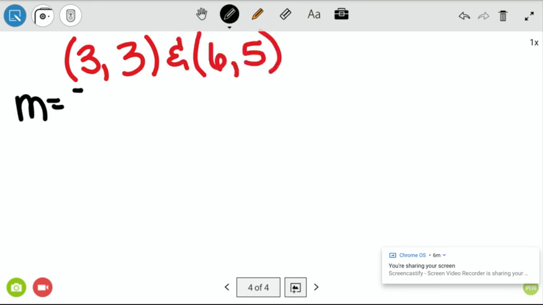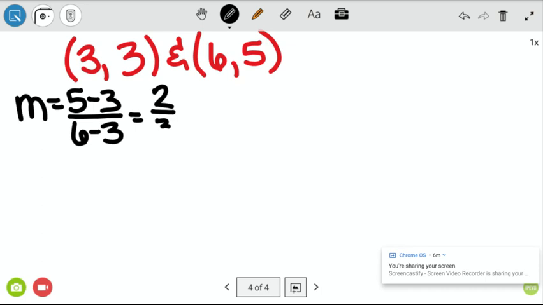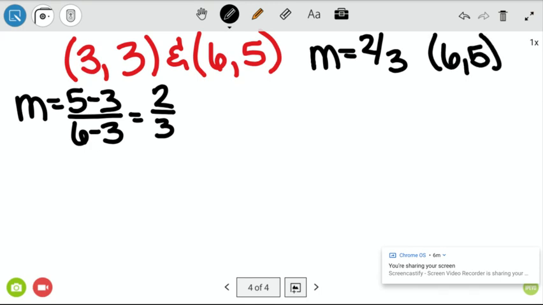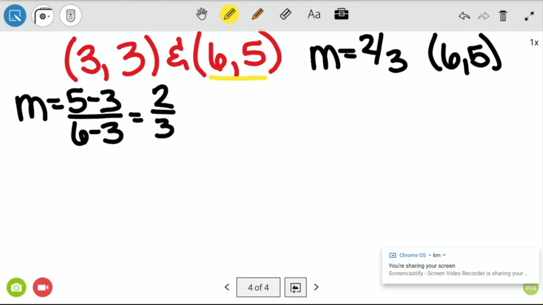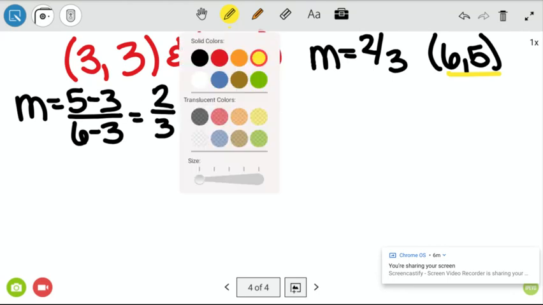So I'm going to subtract 5 minus 3 on top, 6 minus 3 on bottom, which gives me a slope of 2/3. So guys, it is okay to have a fraction for a slope. Now you can pick your point that you want to use. I'm going to use 6, 5 this time, but if you want to use 3, 3, I'll show you here in just a second. You're going to get the same answer.